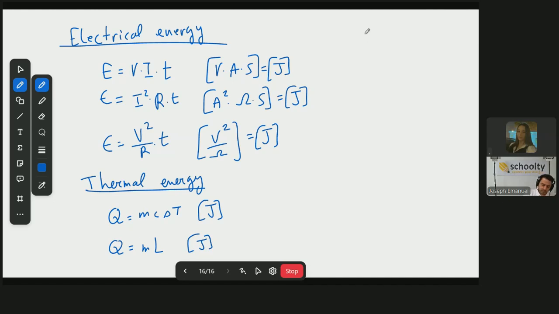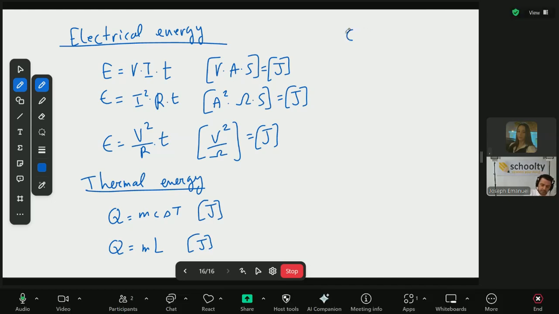Okay, what also we have, if you want to speak about elastic energy, which is half kx square, in this case we will have Newton.